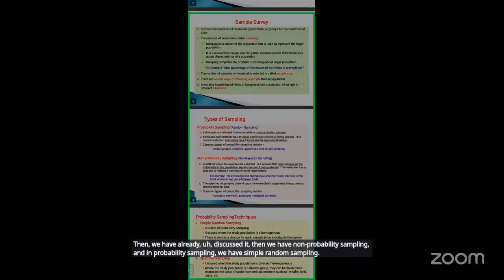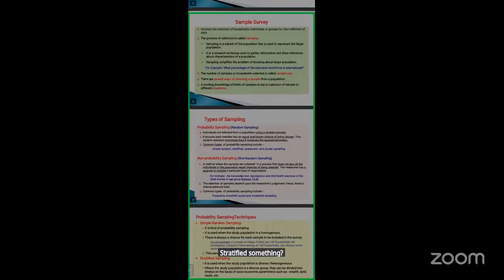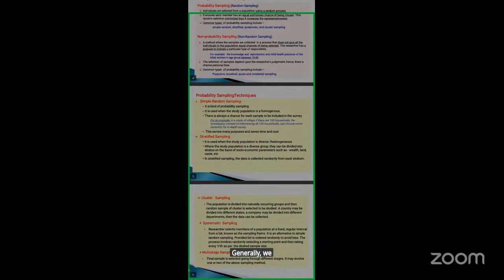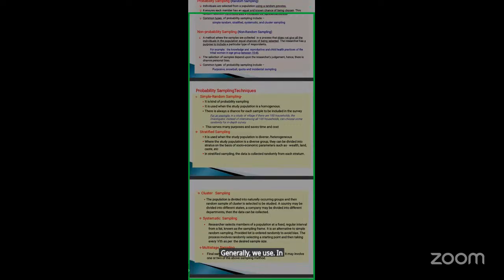Then we have non-probability sampling. In probability sampling, we have simple random sampling, stratified sampling, cluster sampling, and multi-stage sampling. Generally, we use simple random sampling, but all sampling methods are important.